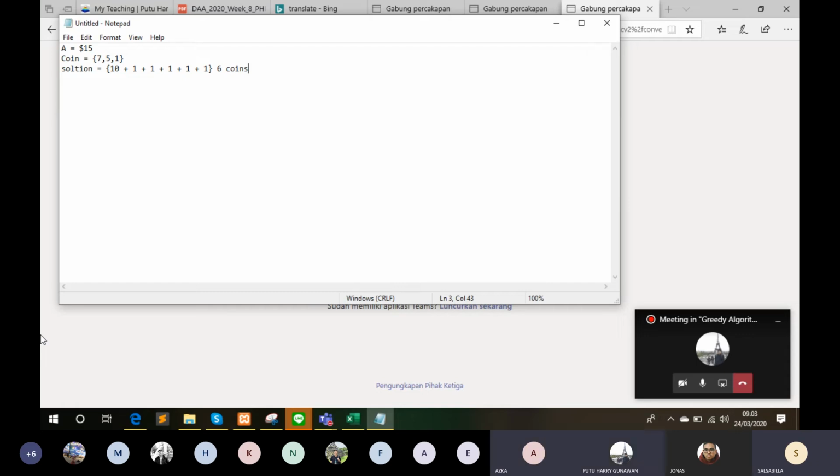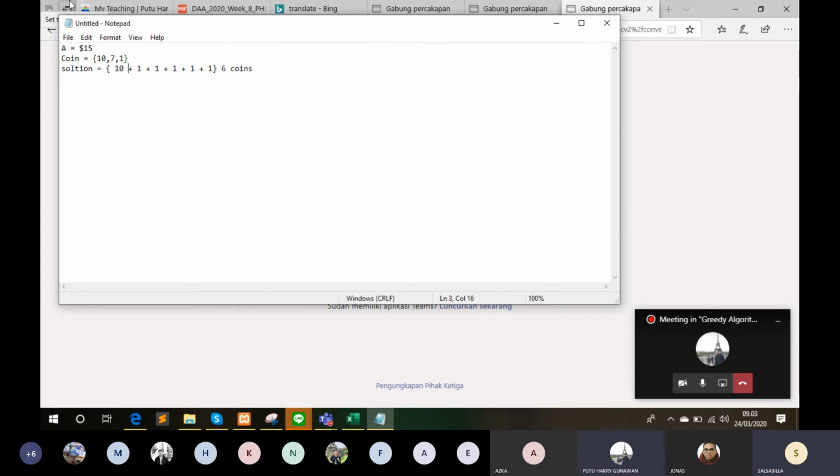Sorry, so the coins are 10, 7, and 1. No, you're wrong in the coins. The coins should be 10, 7, and 1. Yes, this one.